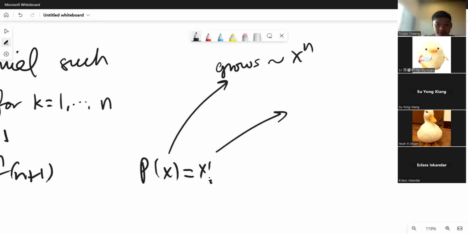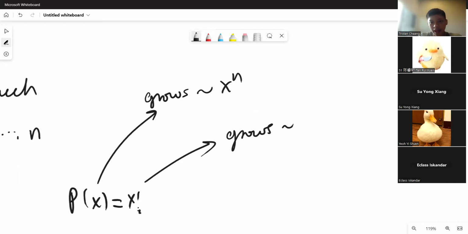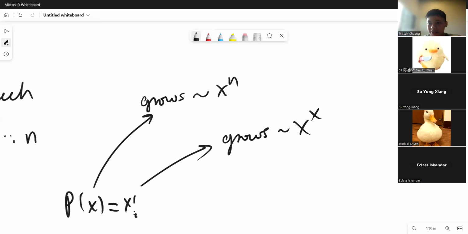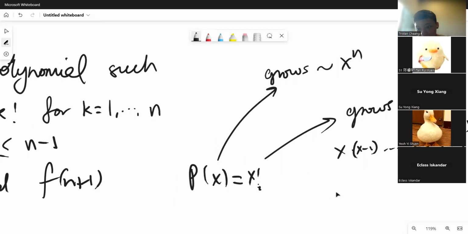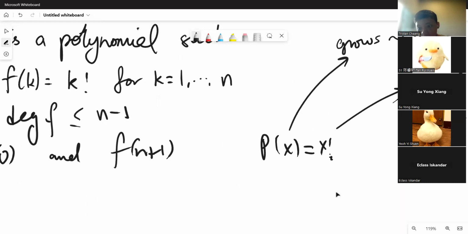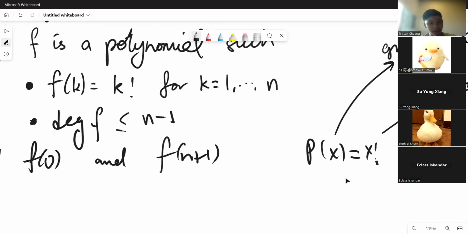But x factorial grows like x to the x, actually. You can see why, because that's x times x minus 1, approximately x to the x over 2 times x. Can we find an f using Lagrange interpolation at x equals 0 and x equals n plus 1? Maybe the factorials will cancel out.